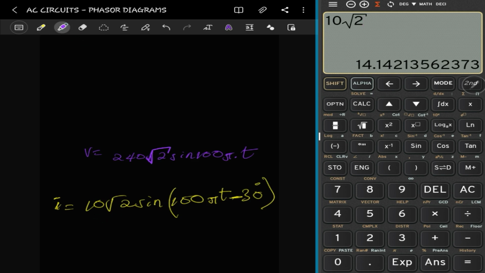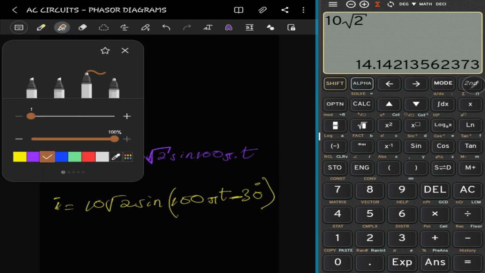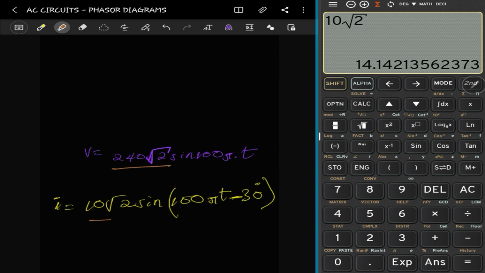These are their peaks. They are both sine waves. So sine, and then sine. And then we have 100 pi t, 100 pi t. But then the current lags by a phase difference or a fixed angle of 30. So that's why we have minus 30 here. Yeah, so that's it. All right.